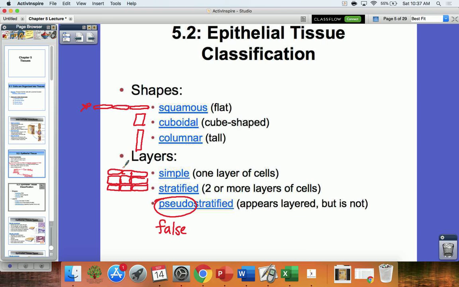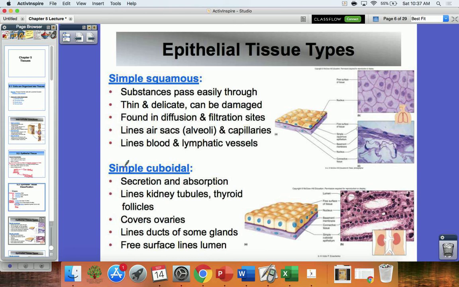We put these things together. So we can say simple squamous epithelial or stratified cuboidal epithelial. So we put the shape with the layer so that we can specifically identify the type of epithelial tissue we are talking about. And so the very first we're going to talk about is simple squamous epithelial.